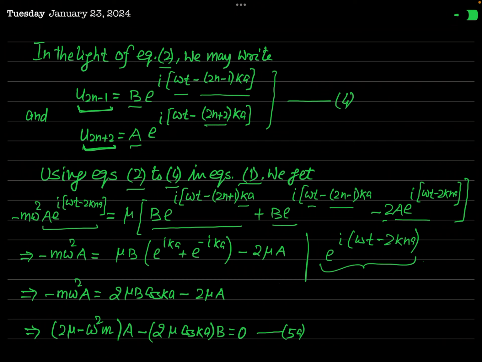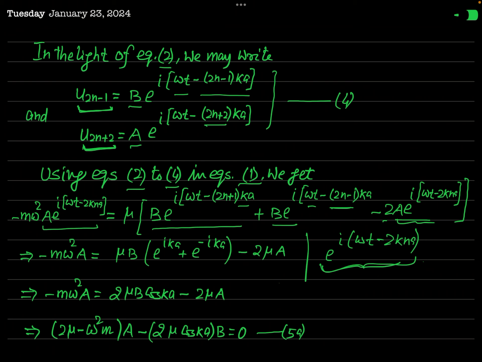See, in the first term of RHS, there is e to the power i(omega t minus ka) minus e to the power minus i 2n ka, and e to the power minus ik. Similarly, in the second term this factor is also present, and in the last term this factor is already present. So this factor will cancel. I have not written it, but you can understand.